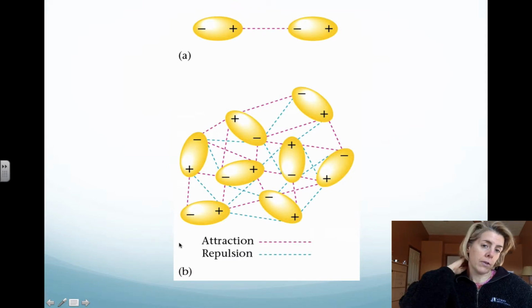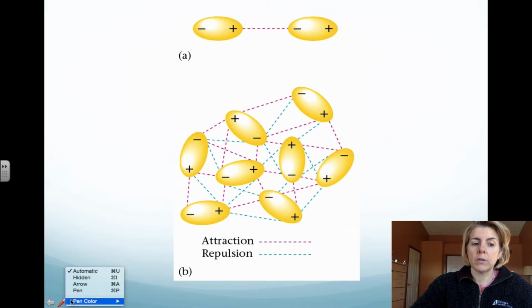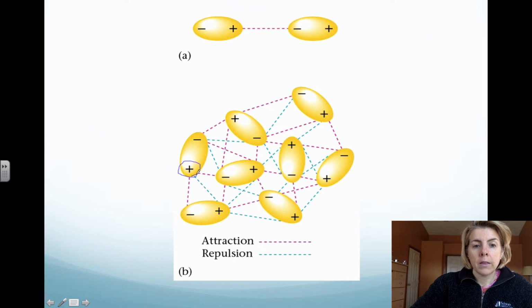So here we have a series of molecules, and they've rearranged themselves, and you'll notice there's a pattern going on here. Anything that is positive is going to be right up against negative charges. The same thing happens with the next molecule and the next molecule. They line themselves up so that they're directly next to an opposite charge.